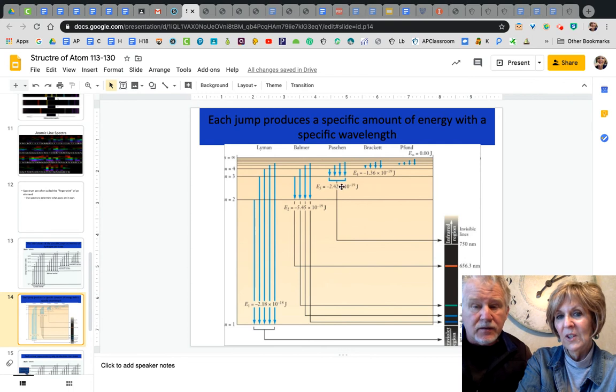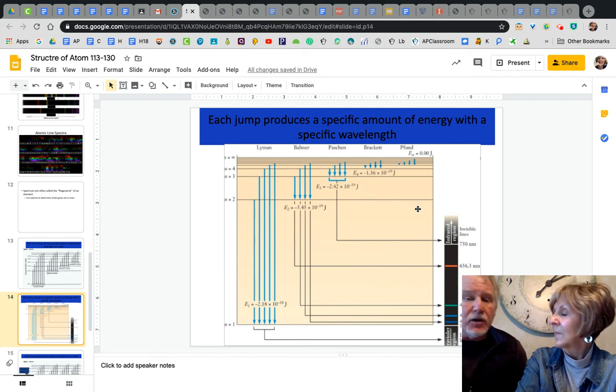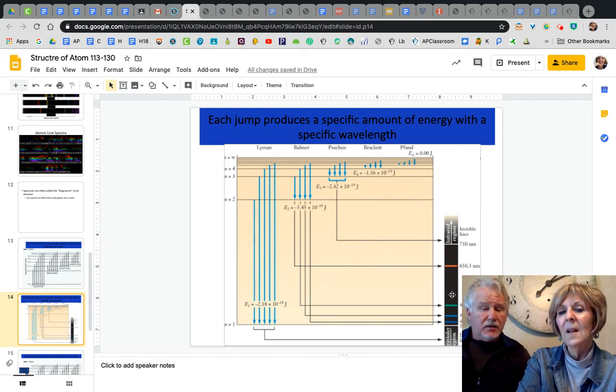This Paschen series is too low energy, and that's out in the infrared. And then the Brackett series goes even further out. That's actually probably into the microwave or even the radio frequency levels, right? So the only ones that we can see, the actual line spectrum using the spectroscope, is that Balmer series.